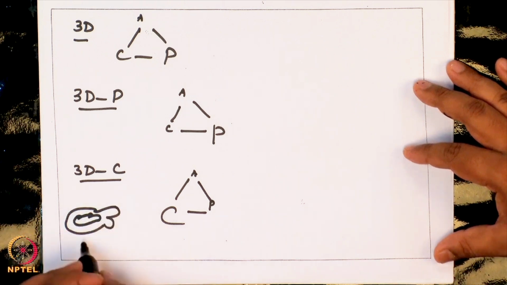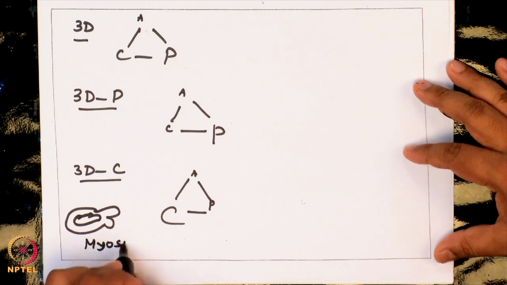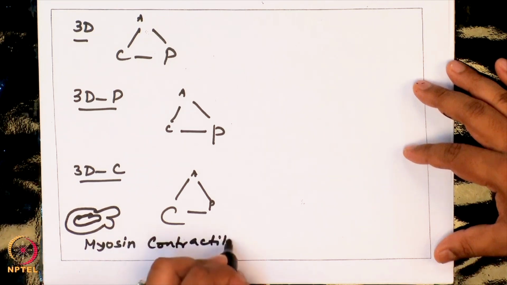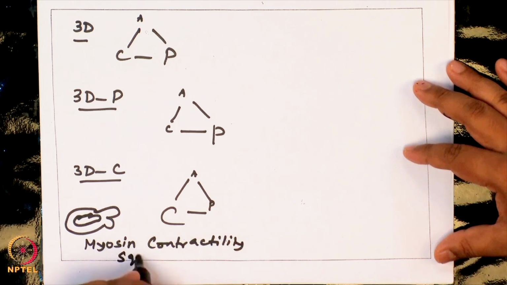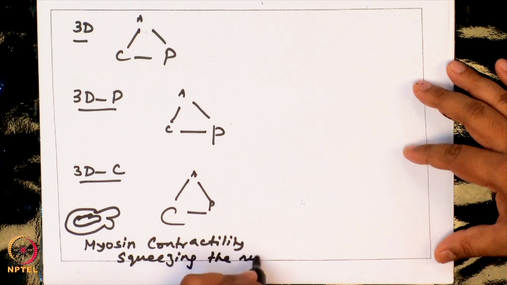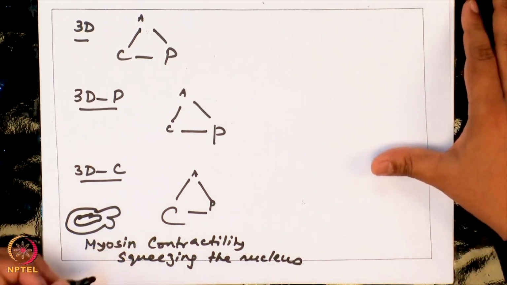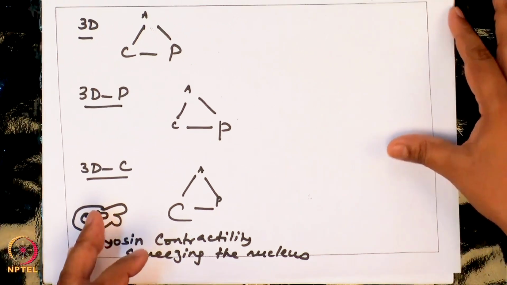So, in 3D contractile you have myosin contractility squeezing the nucleus. We will discuss this in greater detail later in the course.